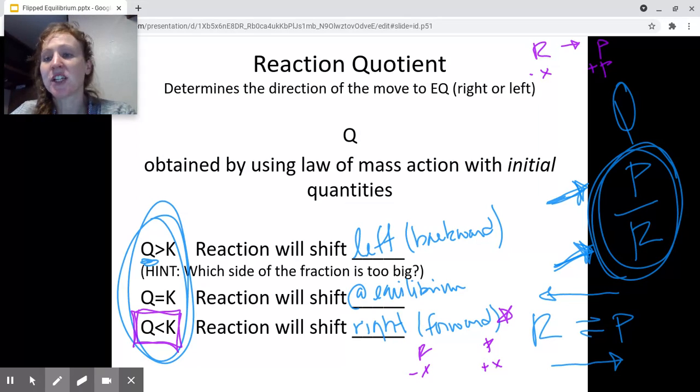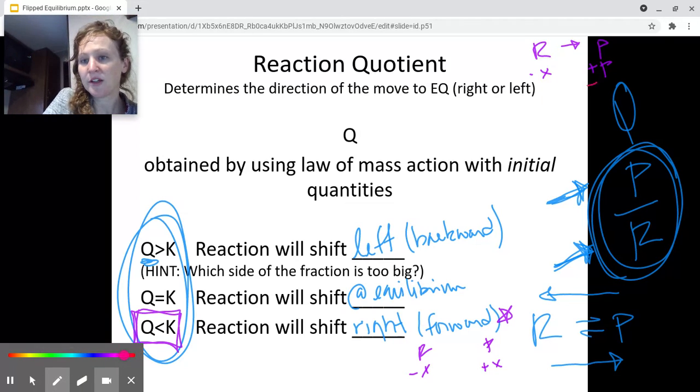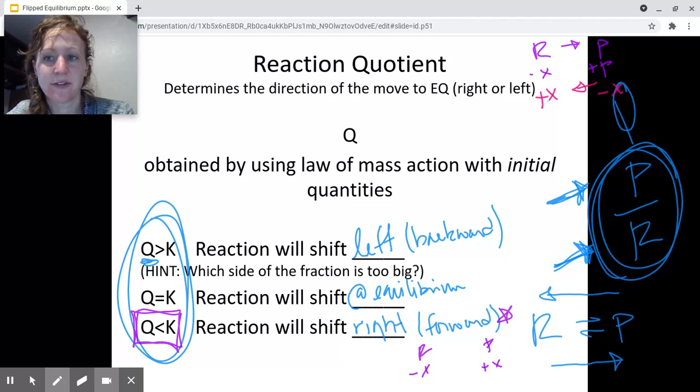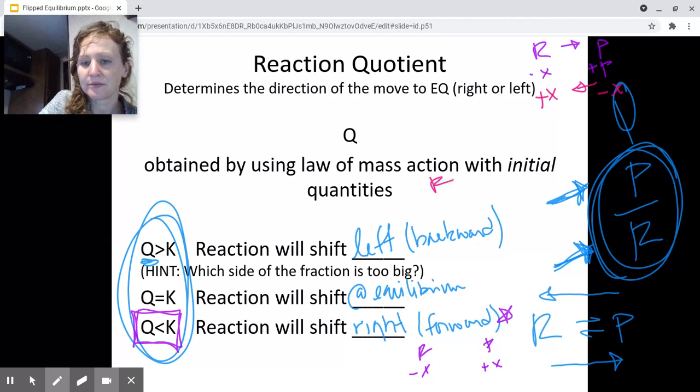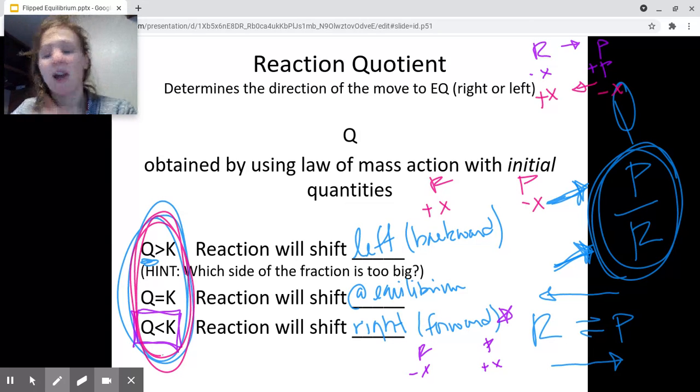If your reaction has to go the opposite direction, well, then you're going to lose products, so your change for the products is going to be negative. Change for the reactants is going to be positive. So this relationship between Q and K, where you are now and where you need to go in order to be at equilibrium, is going to determine your change part of that equation.